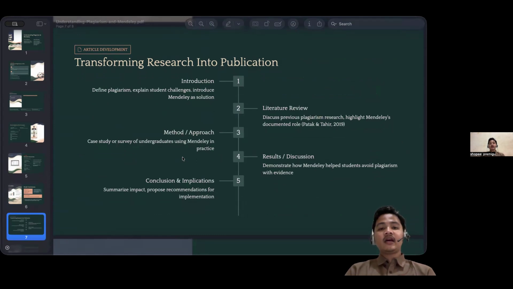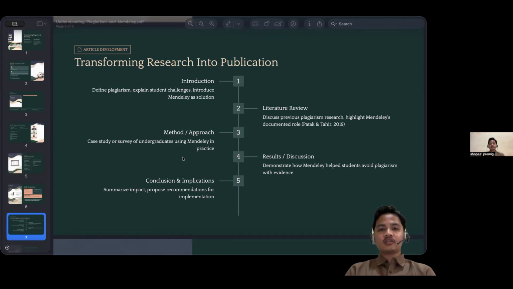Now, I'd like to explain how this idea can be developed into an academic article for undergraduate students. The article would begin with an introduction that defines plagiarism, explains why students struggle with it, and introduces Mendeley as a possible solution. Next, the literature review would discuss previous studies on plagiarism and highlight the role of Mendeley based on relevant research such as studies by Patak and Toher.